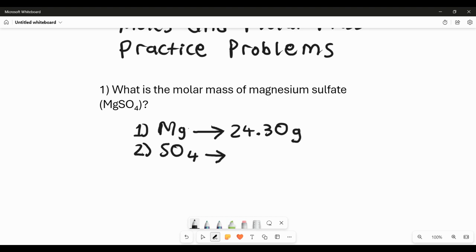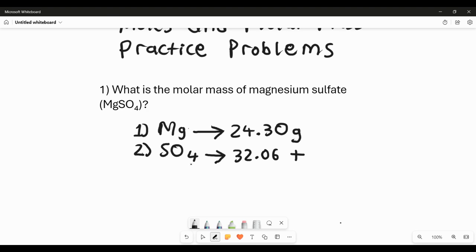Now for sulfate or SO4, we have two things that we got to consider now. We have S and we have O4. So for S, off the periodic table, you can see that in atomic mass units, it's 32.06. Now we have to add the amount for oxygen.